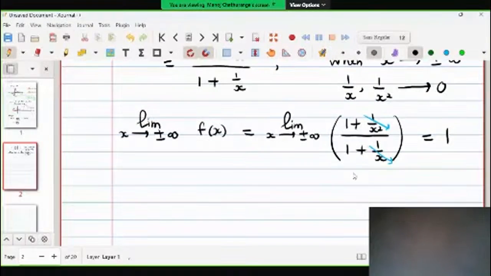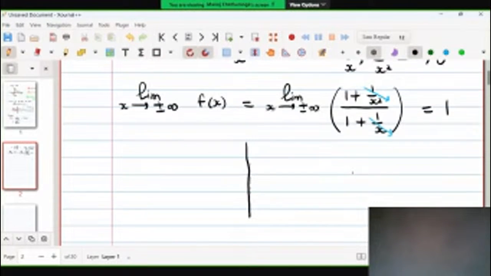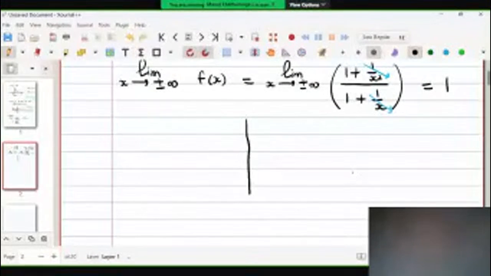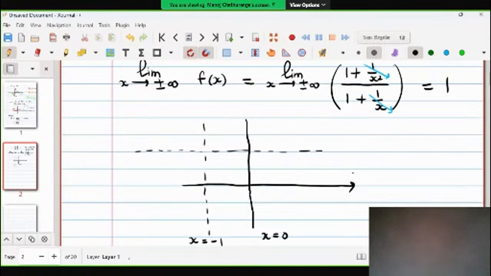Now, without looking at any derivative, I can observe some special features of the graph. x equals 0 and x equals -1 are not in the domain, and it has a horizontal asymptote.